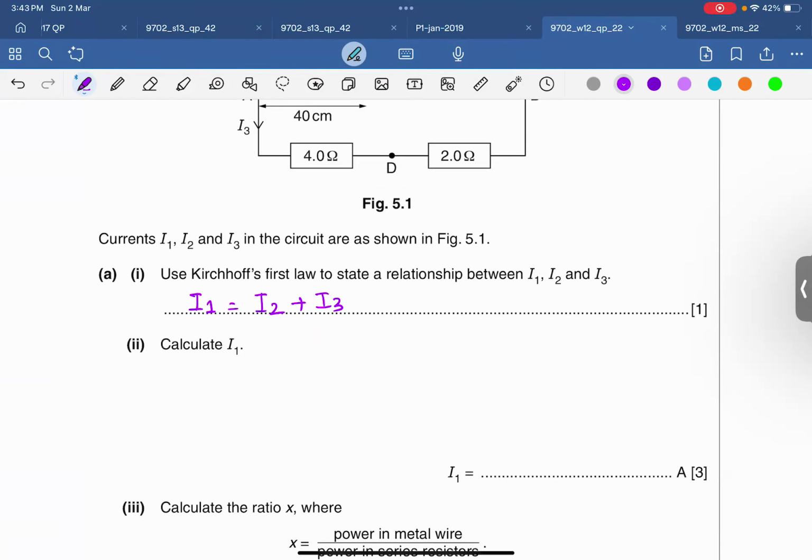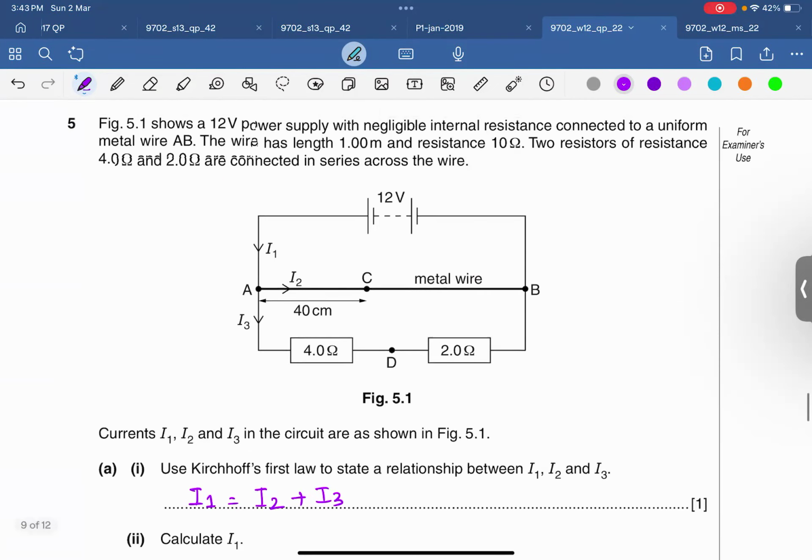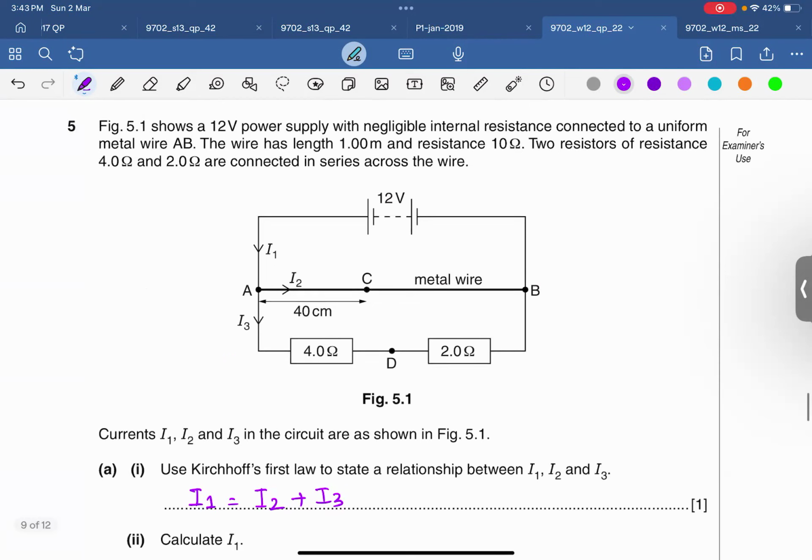Calculate I1. I1 is basically the current in the battery. So to find the current in the battery, you have to find the total resistance of the whole circuit. They're saying negligible internal resistance, and the uniform wire AB has a length of 1 meter and a resistance of 10 ohm.